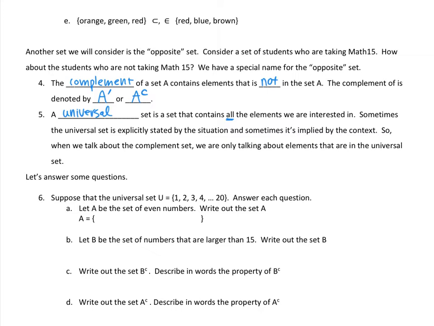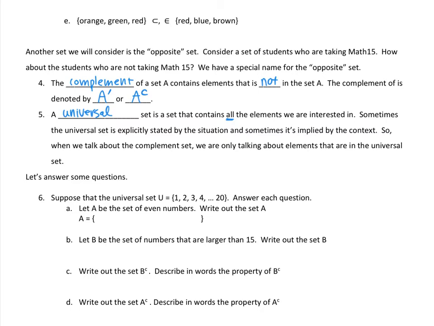So we have to think about, okay, are we talking about people from PCC who are not taking Math 15? Or are we including everyone in California? Are we including everyone in the world, like people from Alaska, or back in Korea or Mexico? Sometimes we have to define what we mean by people who are not in it: out of PCC, or out of the world, or out of the US.